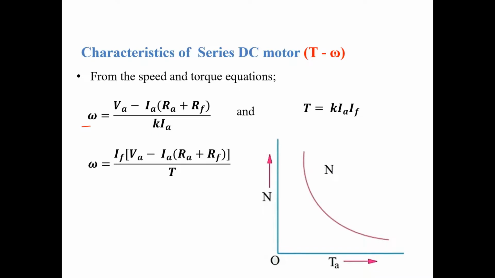From the speed equation, we know that the torque equals K IA IF. Therefore, we can replace this quantity, K times IA equals torque divided by IF. So when you see the relationship between the speed and the torque, it is again inversely proportional.